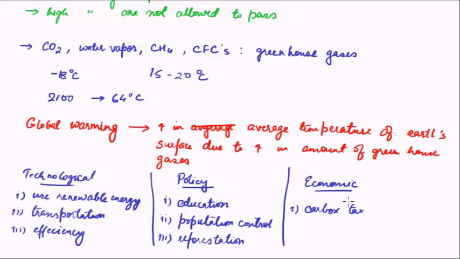Then, as I said, the policy changes. There was reforestation. This needs to be done in the economic manner too, as in the industries as well as the government should be made a stakeholder in the fact that they should be carrying out reforestation on their own part, and there has to be some economic implications if they do not do their part.